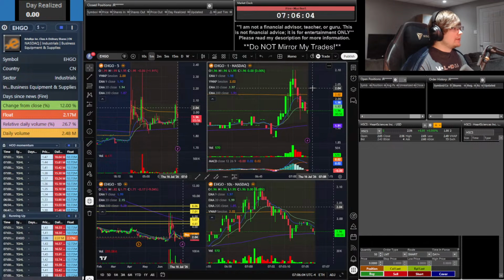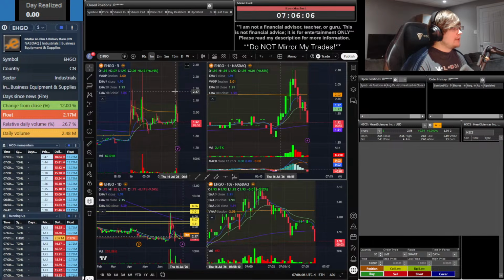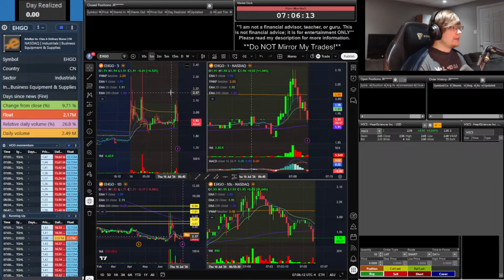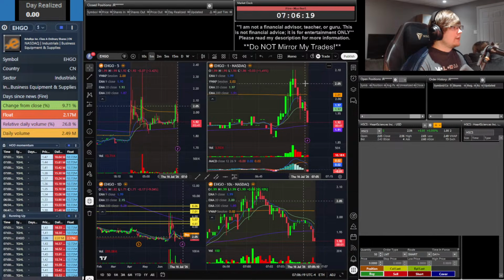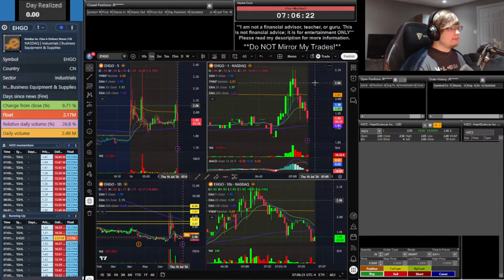What I like about TradingView compared to the Warrior Trading scanners is that Warrior Trading doesn't have additional time frames. They have a few set time frames. I used to use the 2 minute chart a lot, and the Warrior Trading charting software doesn't have 2 minute charts.